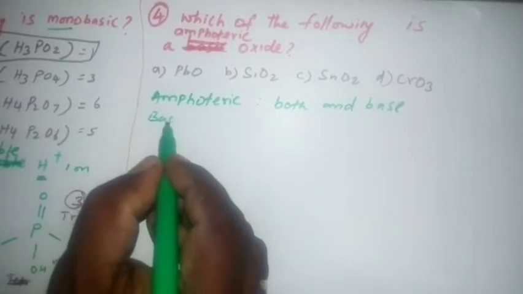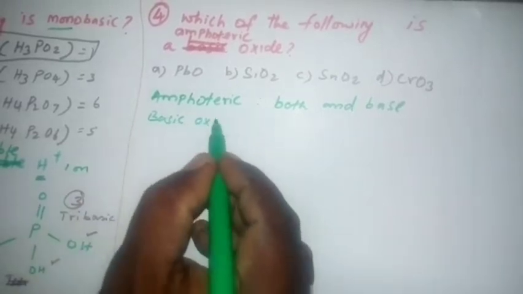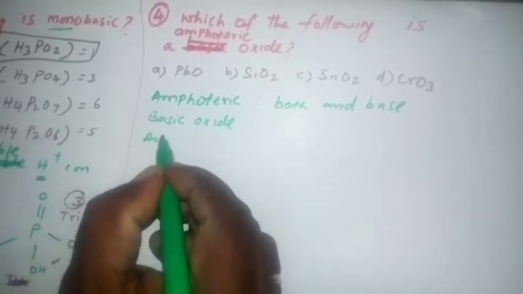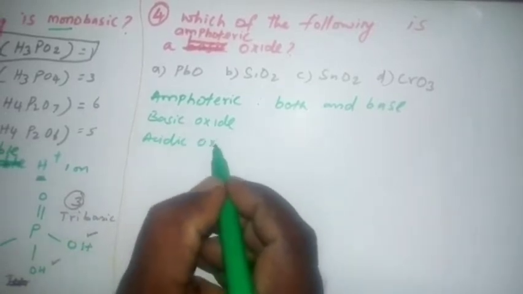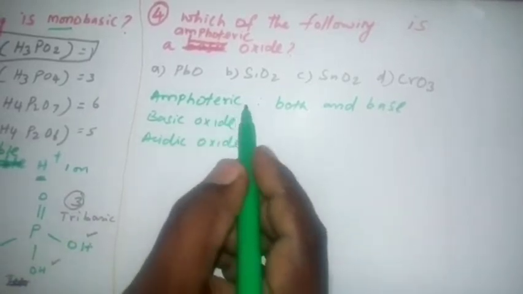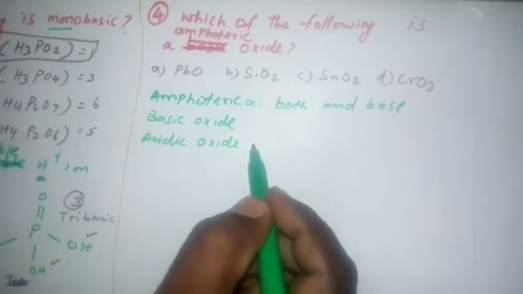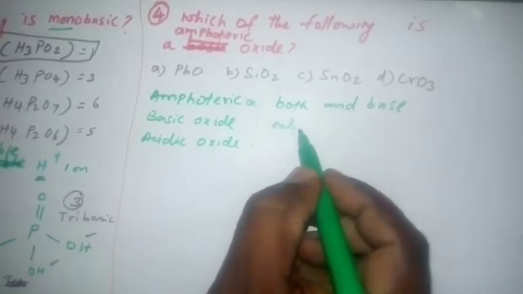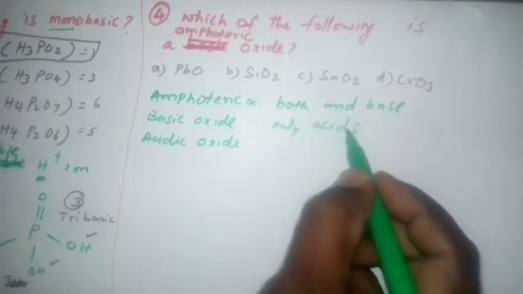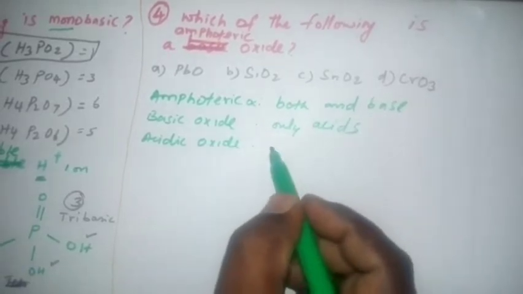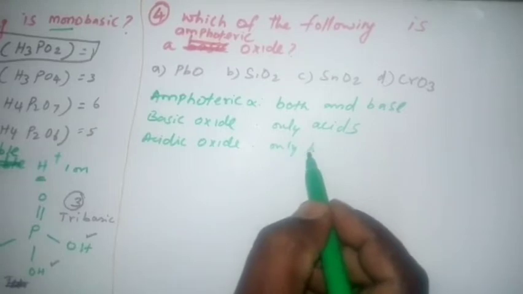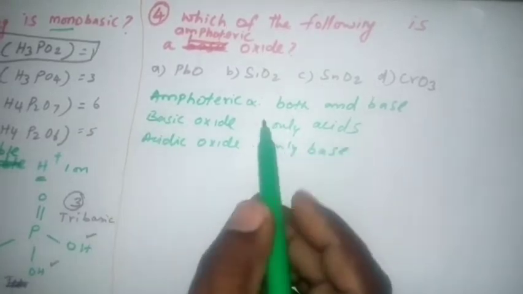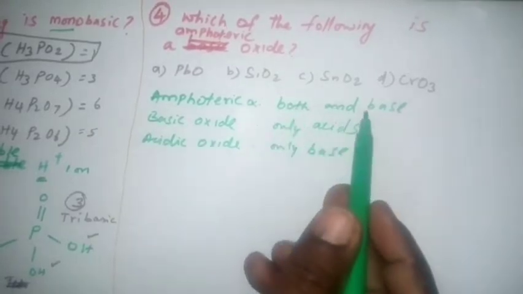One is basic oxide, acidic oxide, and another one is amphoteric oxide. The basic oxide can react only with acids, whereas acidic oxide can react only with bases, whereas amphoteric oxide can react with both acid and base.